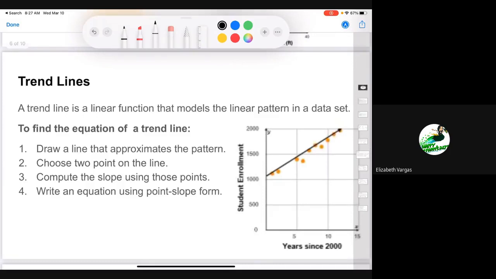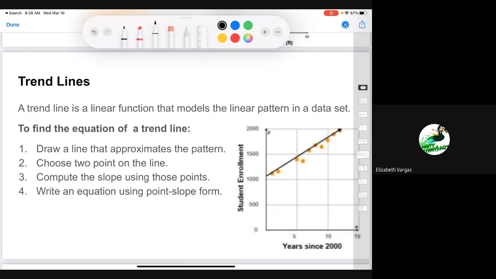So we're going to look at a trend line. What is a trend line? A trend line is a linear function that models the linear pattern in a data set, kind of like what I drew in our other data sets. This trend line often represents our slope, and it helps us to find what the correlation is. So we might be asked to find the equation of a trend line.